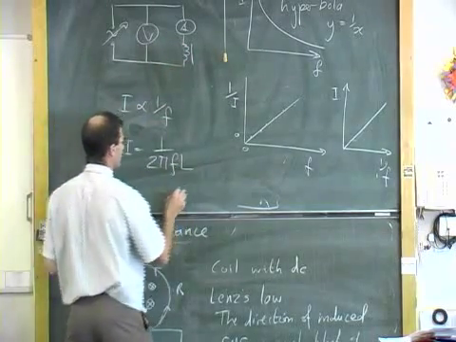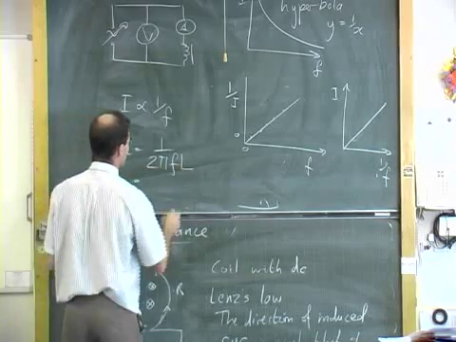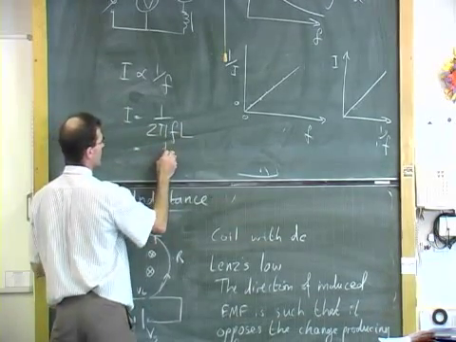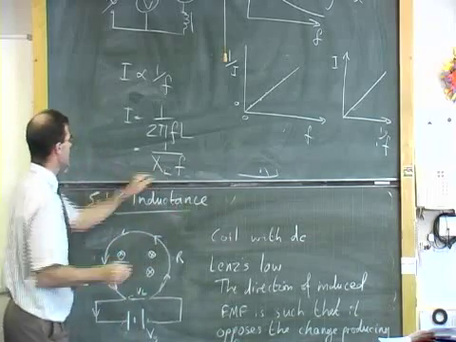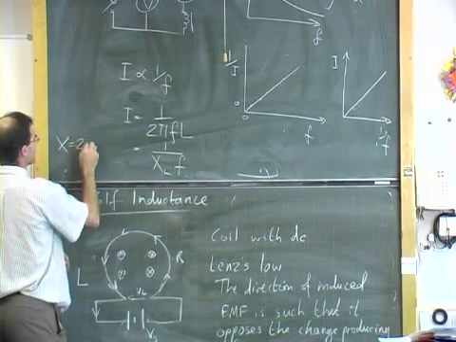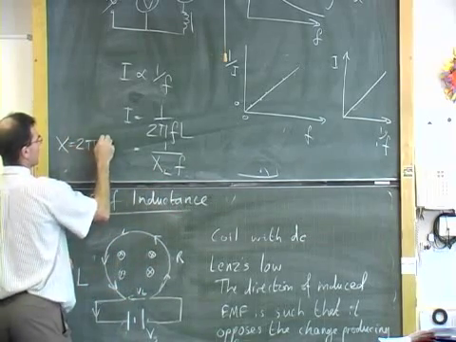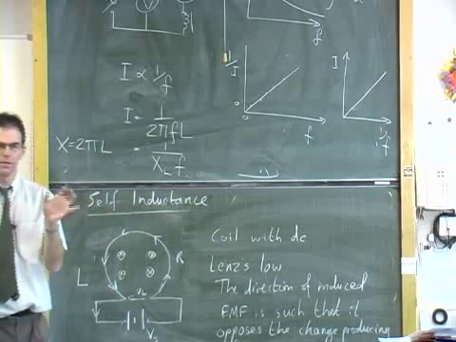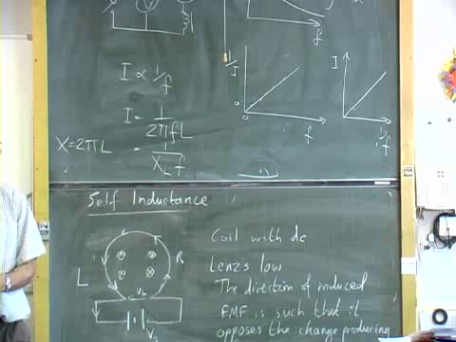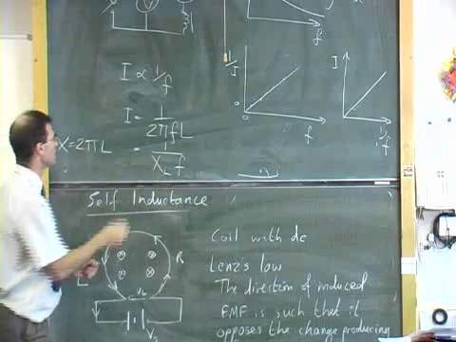So 1 over 2 pi fL. That you can rewrite as 1 over XL times the frequency, where X is the reactance, 2 pi L. And reactance is analogous to resistance for a resistor.